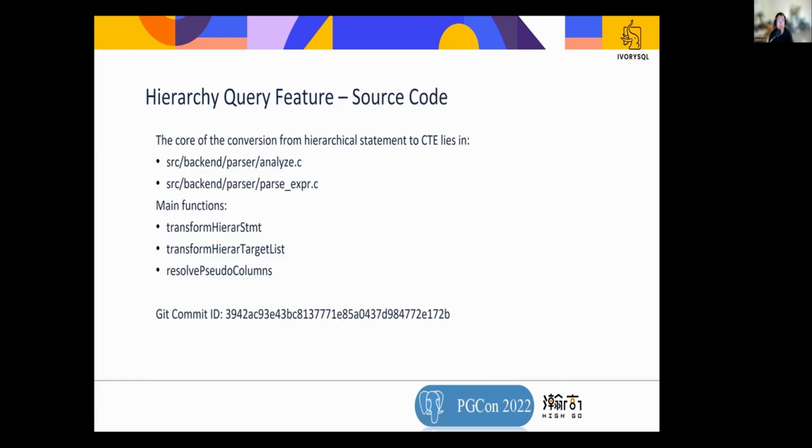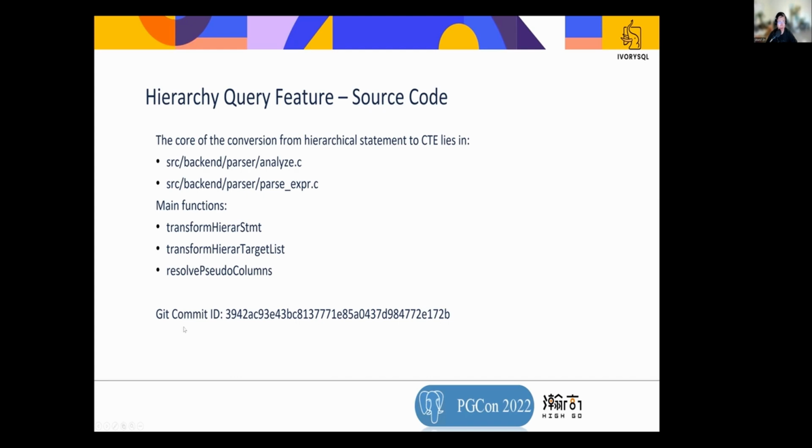The source code, actually, all the source code is open already in the GitHub project, and here I'll give you some of the file names. The core of the conversion from the original statement to CTE lies in these two files, and the main functions are transform hierarchy statement and transform hierarchy target list, and also resolve pseudo columns.